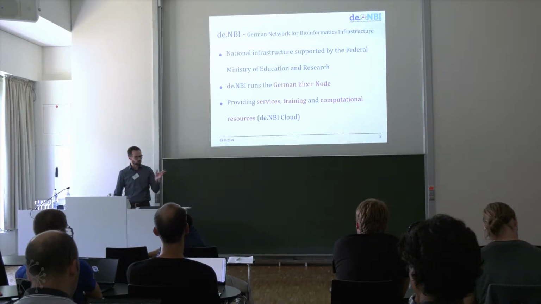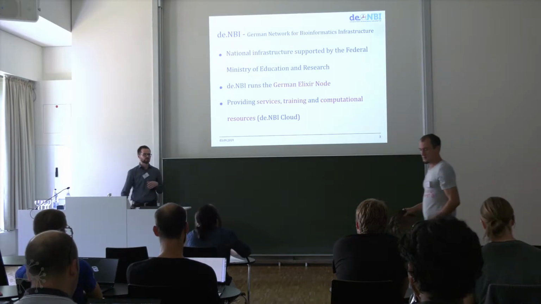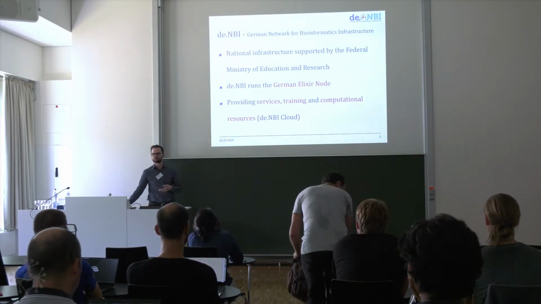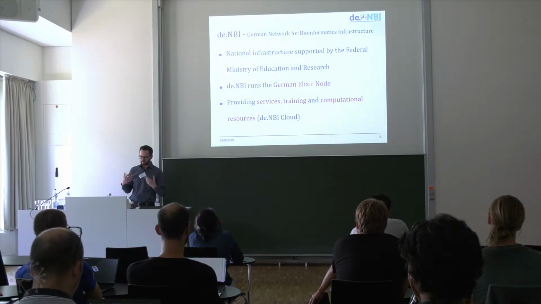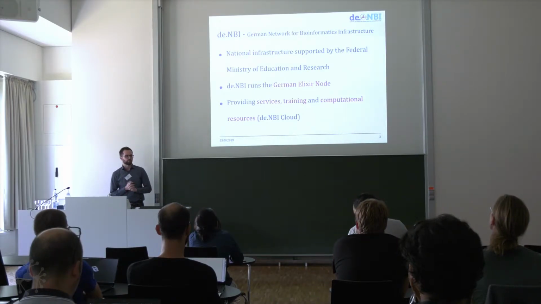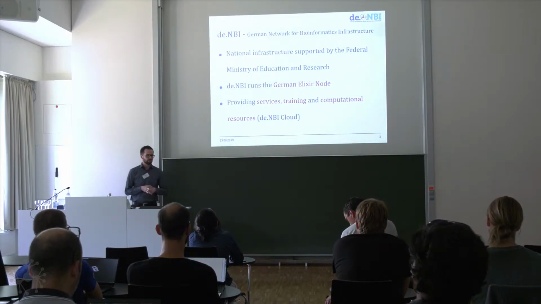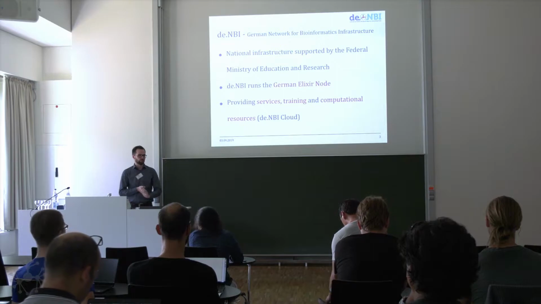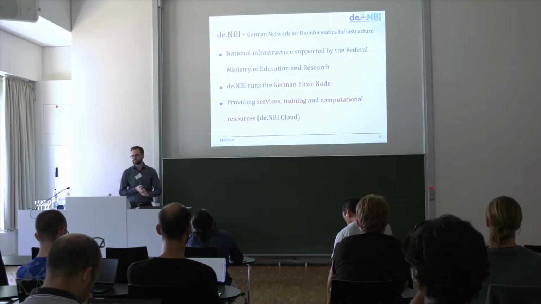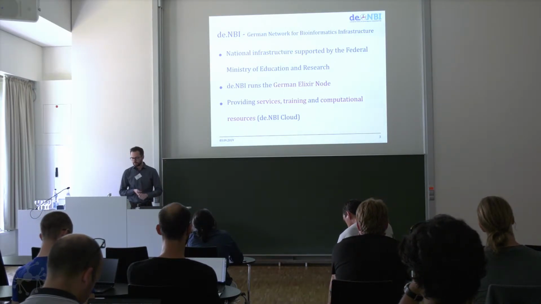But before I talk more about cloud computing and de.NBI Cloud, let me first say a few words regarding the organization to which the de.NBI Cloud belongs. de.NBI is the German network for bioinformatics infrastructure. It is a distributed national infrastructure supported by the Federal Ministry of Education and Research.